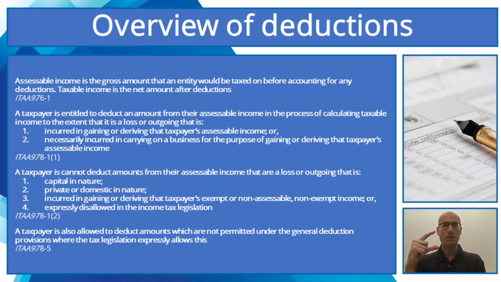And so everything we're going to look at in terms of deductions is the amount that a taxpayer is using to reduce their assessable income down to determine their taxable income for a particular period. And deductions, which are creatures of statute, come in two flavors. This recording is entirely devoted to the first type, which is known as general deductions.